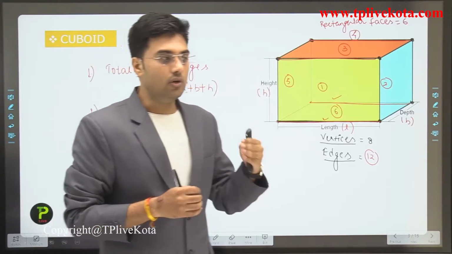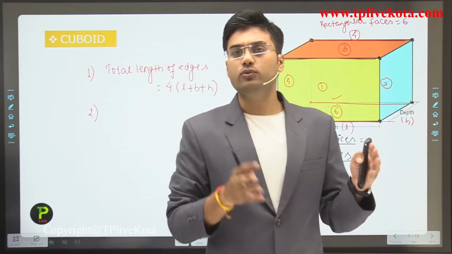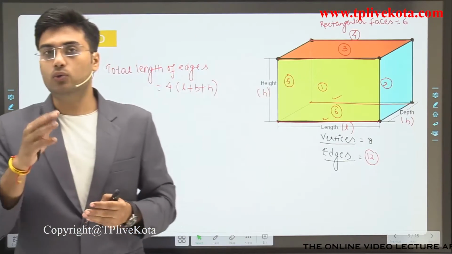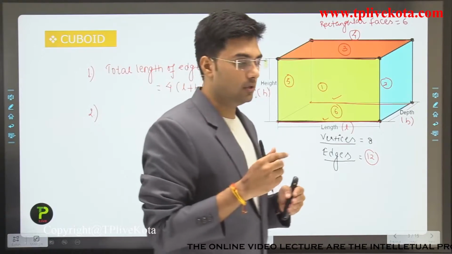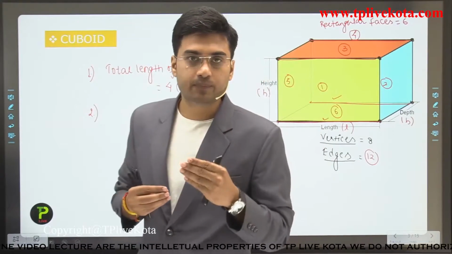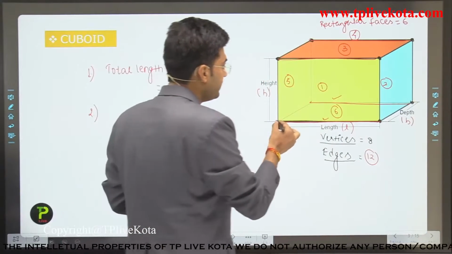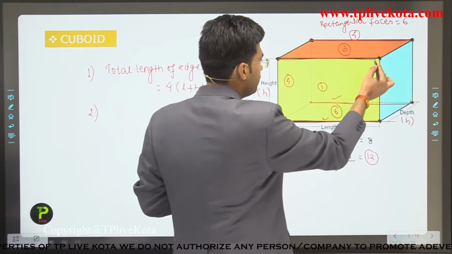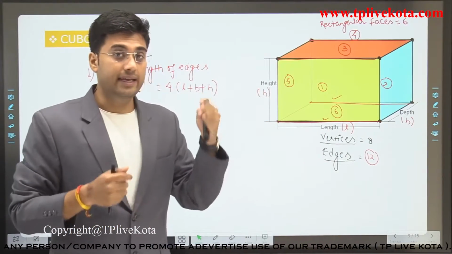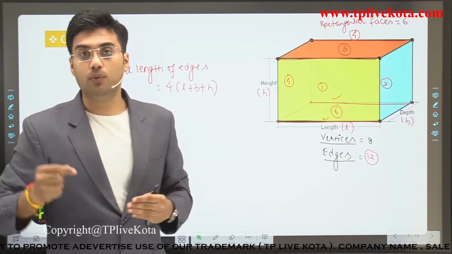Now after the total length of edges, let's talk about the diagonal of a cuboid. Students, we know that for a rectangle or any polygon with more than 3 sides, if we join two non-consecutive vertices, we will get a diagonal. Clear? Now for this face, if we join these vertices, we get a diagonal for this face, but here we require the diagonal for the cuboid.